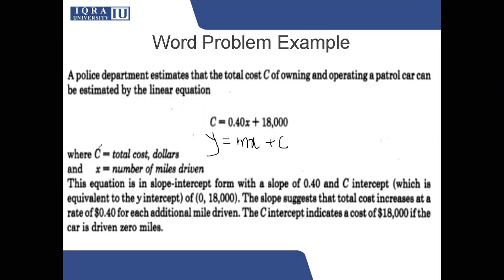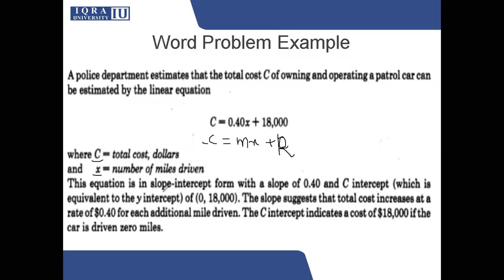And in this case, we have C and x, okay? So let me alter this and write it as C equals mx plus small c. This is capital C and this is mx plus small c. So in order to avoid confusion, I can call this another letter, k.